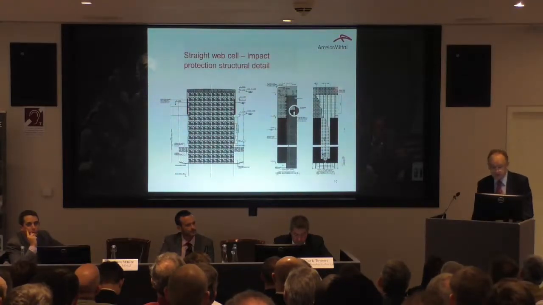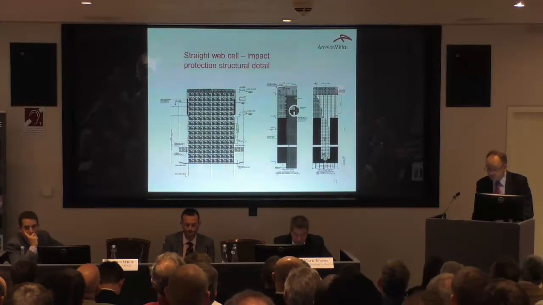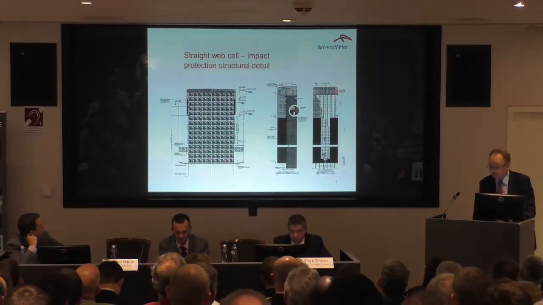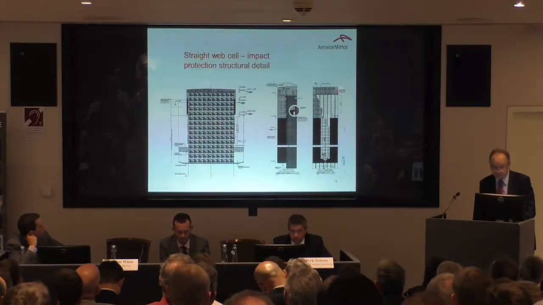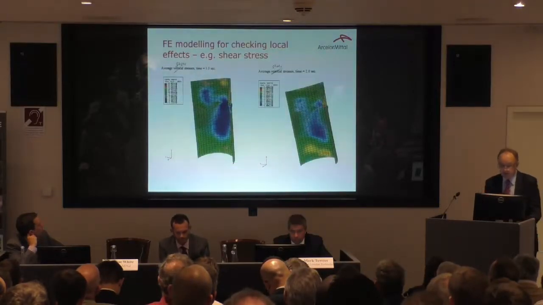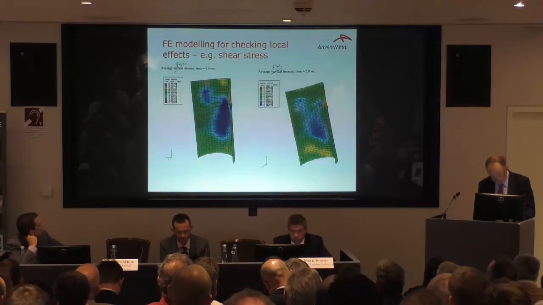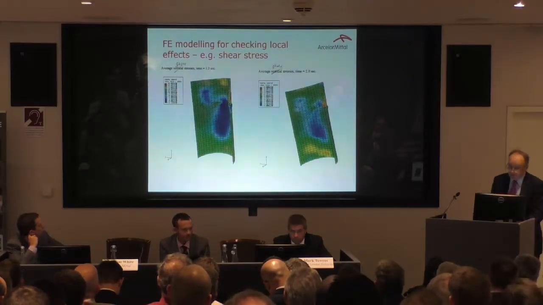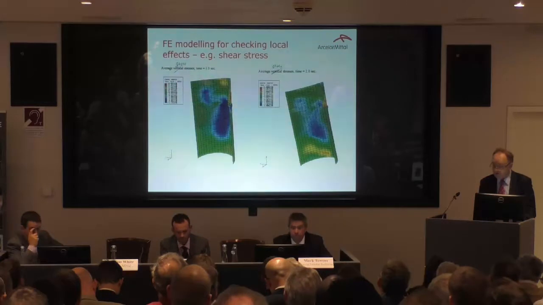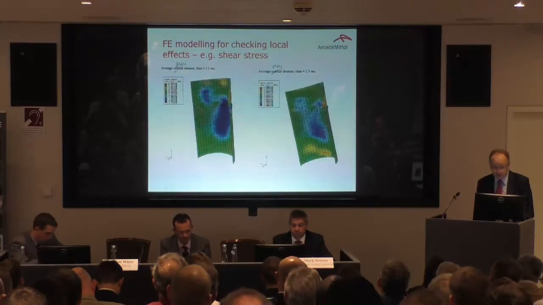The gravity cell diameter is usually greater than 0.8 of the retained height, and in this case about 20 to 25 meters wide. You can check by FE analysis the impact forces and the shear stresses on individual elements due to tilting of the structure.